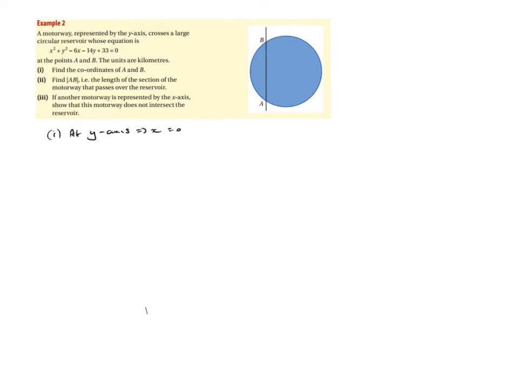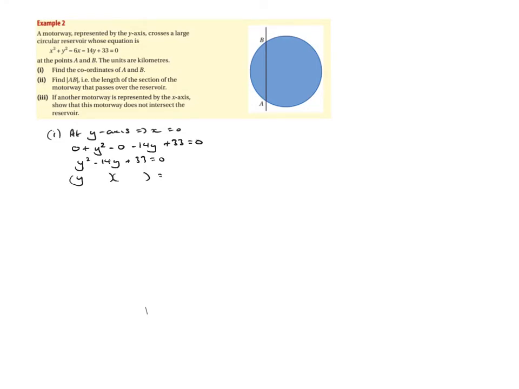Okay, so let's have a look. So 0 squared is 0, plus y squared, minus 6 by 0, which is 0, minus 14y, plus 33 is equal to 0. We end up with y squared minus 14y plus 33 is equal to 0, and it's just a case of solving this quadratic.